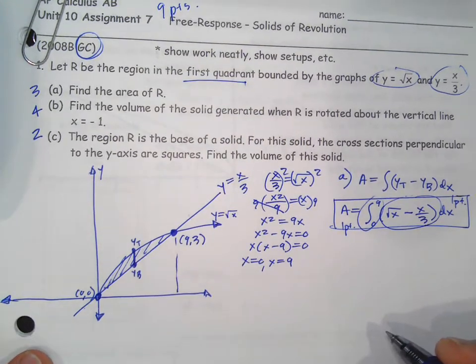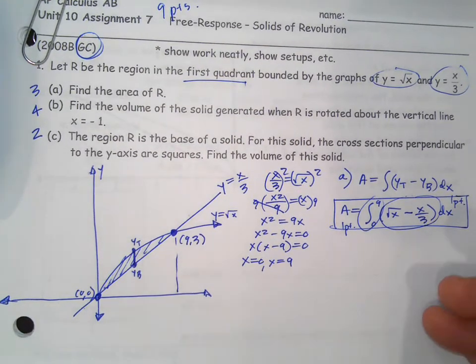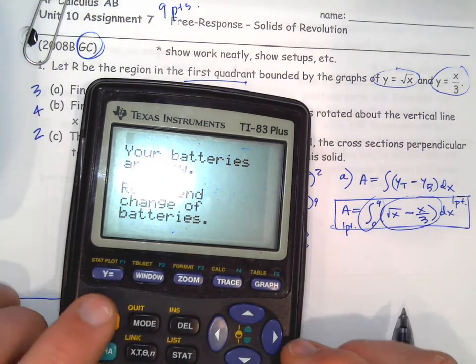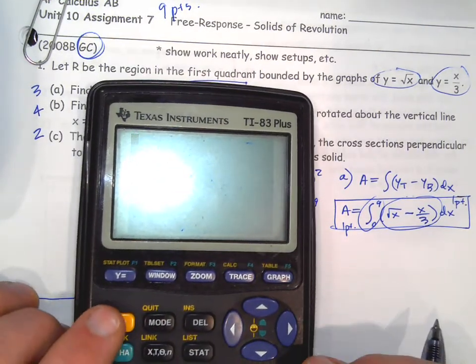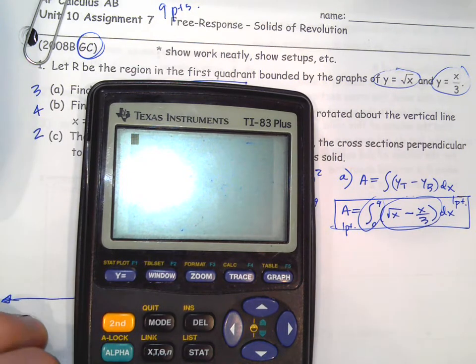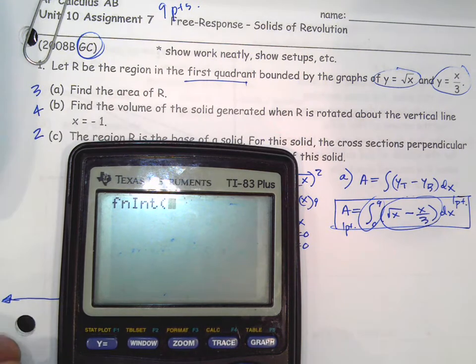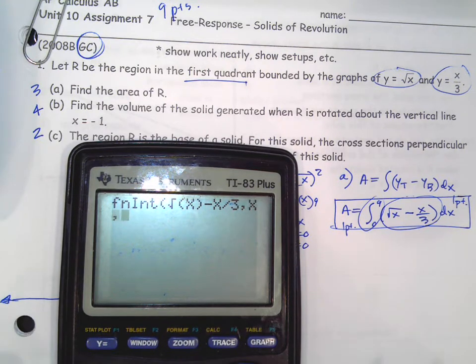And then we can just put this in our calculator. We're allowed to use a calculator, right? I mean, you could do it by hand, but that would not be a good use of your time, and you might make mistakes. So we just do math 9, square root of x, close, minus x over 3, comma x, comma 0, comma 9.